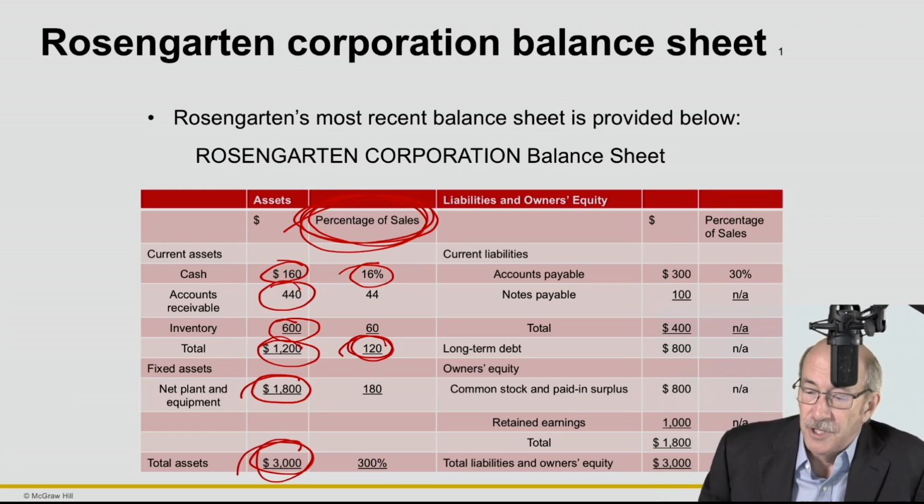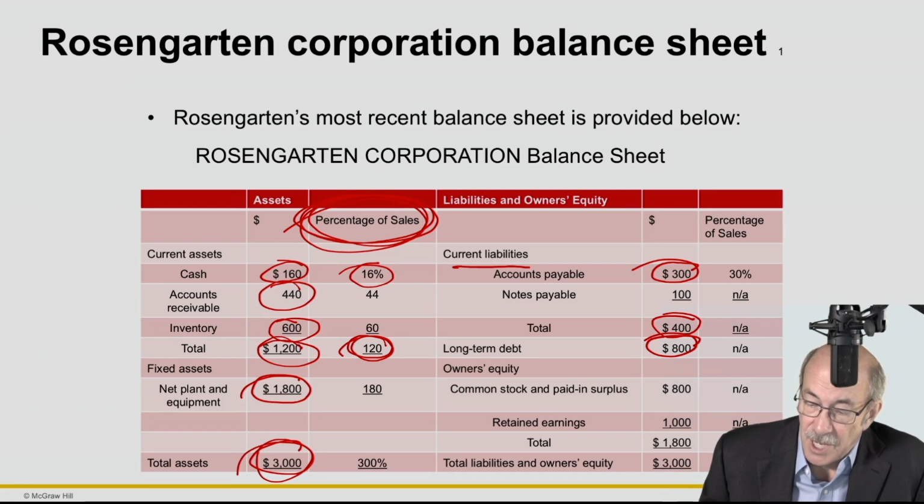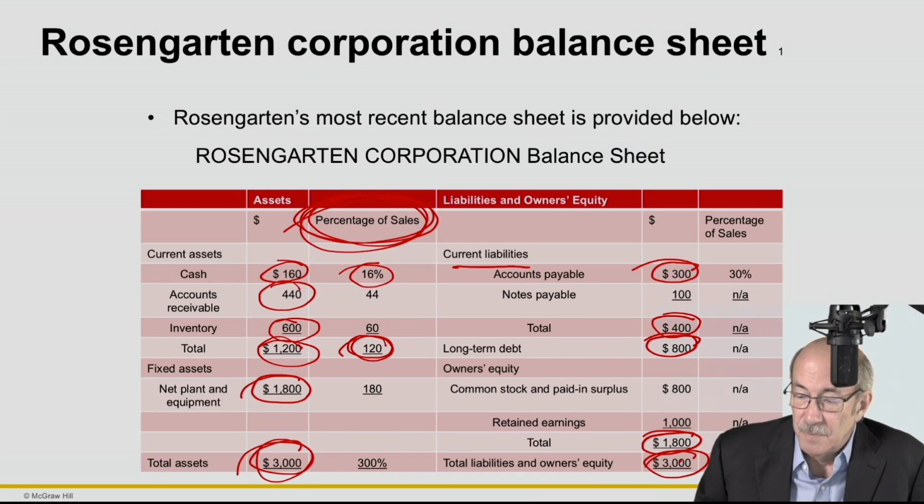Over here on the right-hand side, we've got current liabilities, predominantly accounts payable, and a little bit in notes payable. We've got a total of 400 in that. We have another 800 in long-term debt, and then we have an additional 1,800 in equity. So that gives us, again, that 3,000, and our balance sheet is balanced.